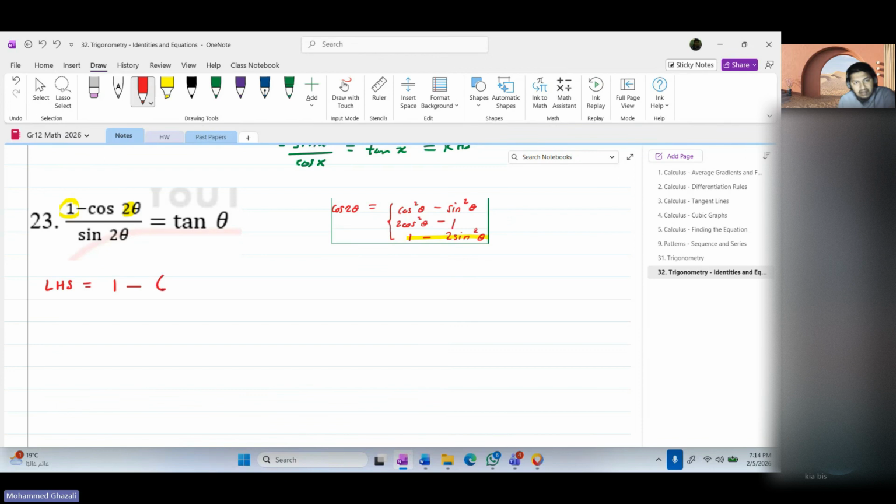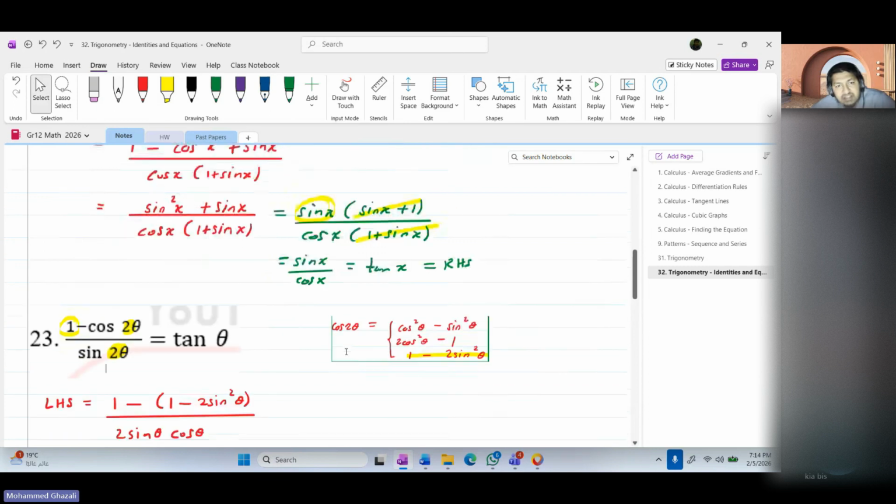So I've got 1 minus, what is cos 2 theta? 1 minus 2 sine squared theta. And then the denominator, simple, sine 2 theta is just 2 sine theta cos theta. There's only one single double angle identity for sine: sine 2 theta is 2 sine theta cos theta.